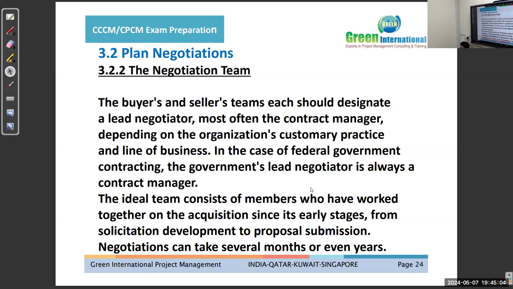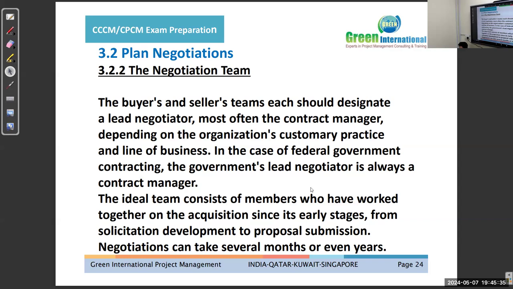The buyer and seller teams should designate a lead negotiator. So the lead negotiator, as I have explained earlier, will have the authority, and if he says yes, it will be yes; if he says no, it will be no. He will have a clear understanding of which figure, in which range they are going to play around in negotiation, which figure they are going to select or reject, and what the technical parameters are.